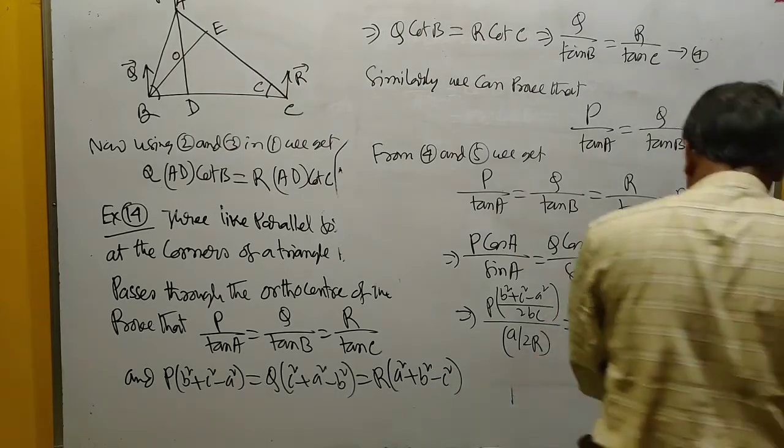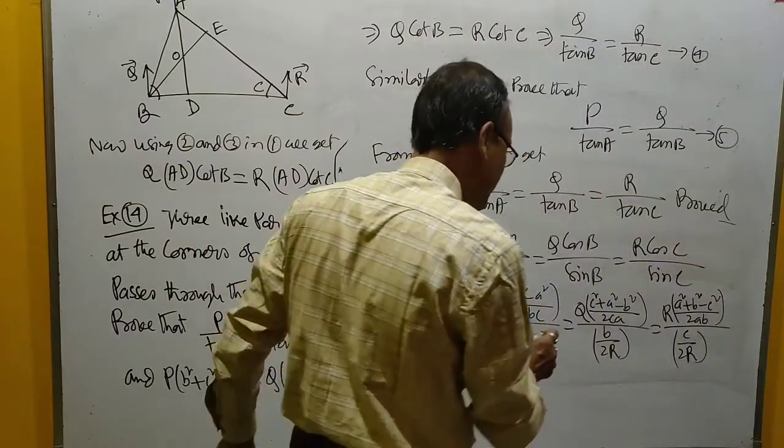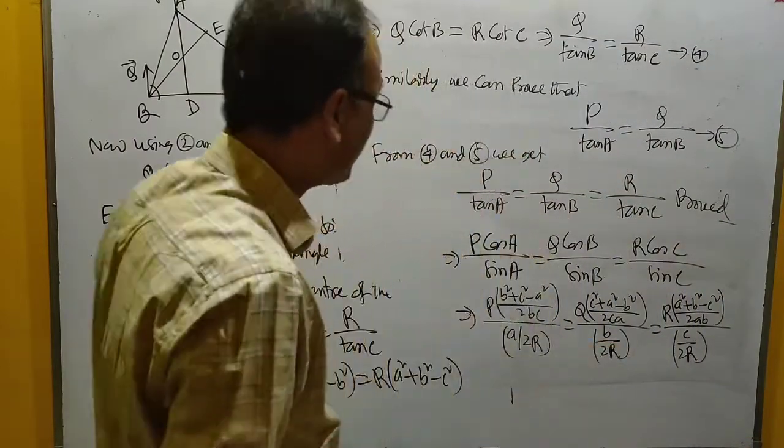Since a by twice R, b by twice R are different, the twice R will be cancelled.